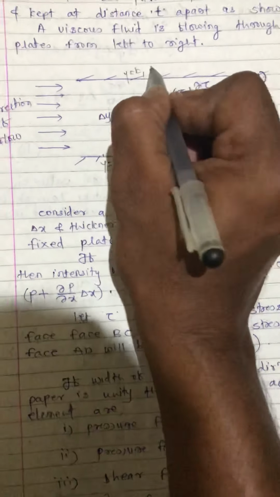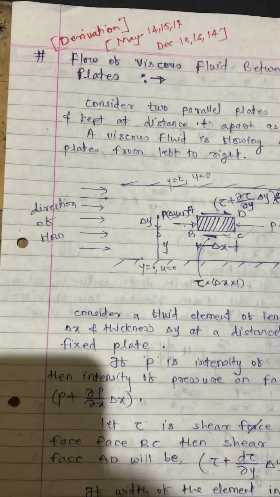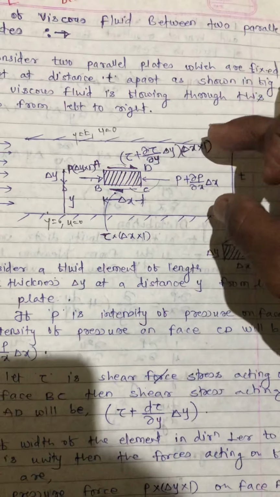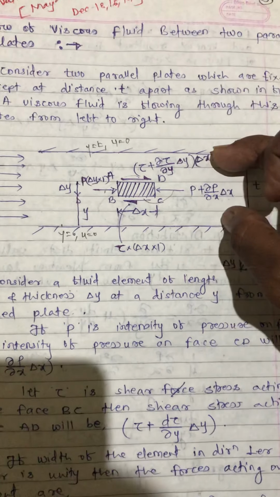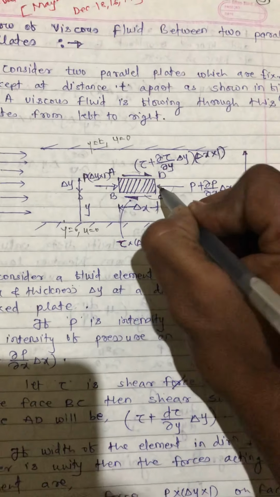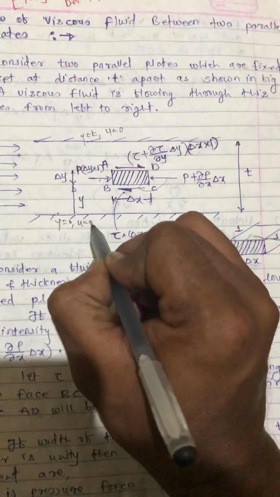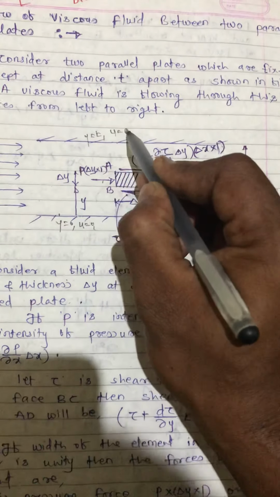Similarly, at distance y equal to t, your velocity is equal to 0, because at the wall section, from the previous section we know that velocity is always 0. And velocity will be maximum at the center line. So at y equal to 0, velocity is equal to 0. At y equal to t distance, velocity is equal to 0.